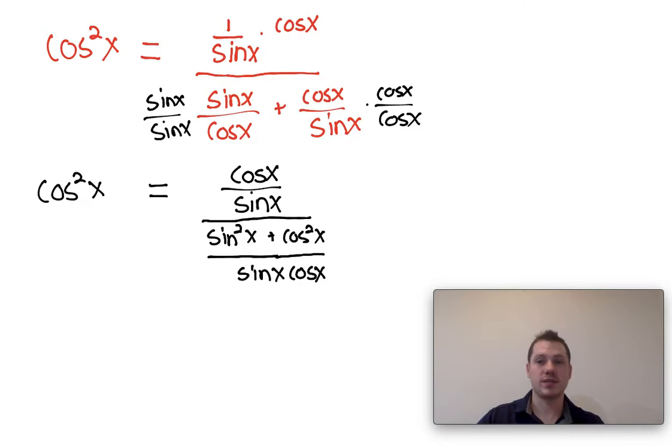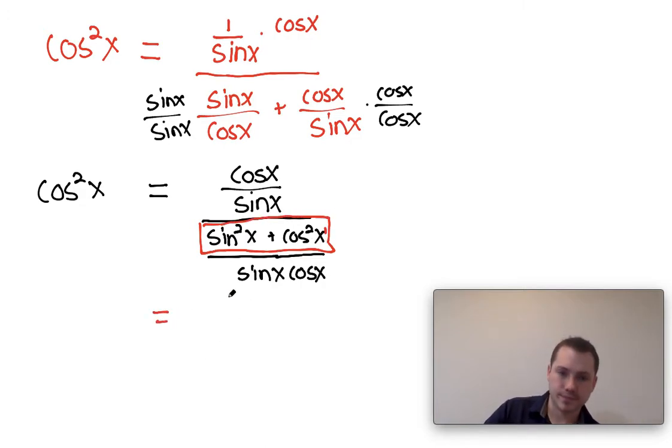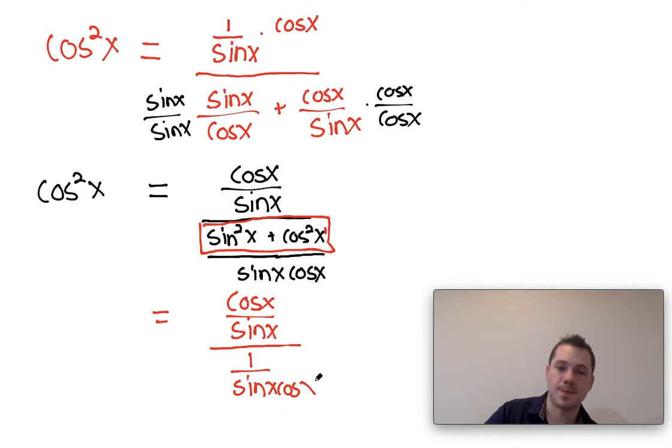Well, fortunately I do. I see that this right here is a trig identity. So I can turn the numerator into cosine of x over sine of x, and the denominator becomes 1 over sine x cosine of x.